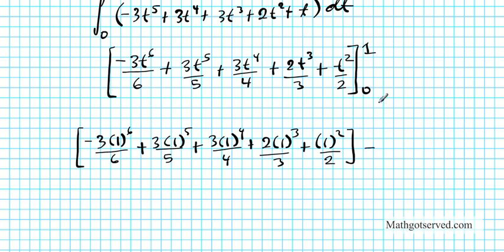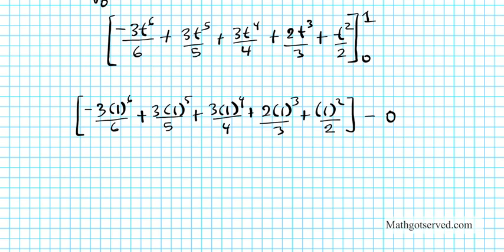Since every term has a t there, when you plug in 0, you're just going to have 0, and that's inconsequential. When we simplify this, we're going to have negative 3 over 6 plus 3 over 5 plus 3 over 4 plus 2/3 plus 1/2.